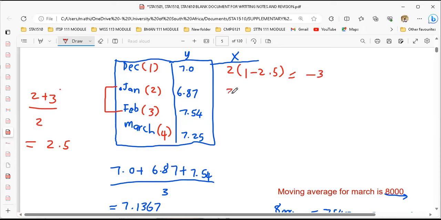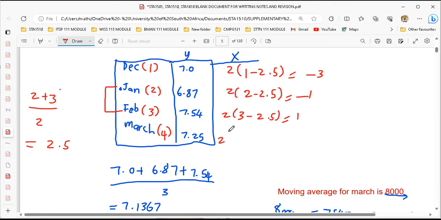And then the second one, 2 into 2 minus 2.5, and you'll get -1. And then this one, 2 into 3 minus 2.5, and then we get 1.